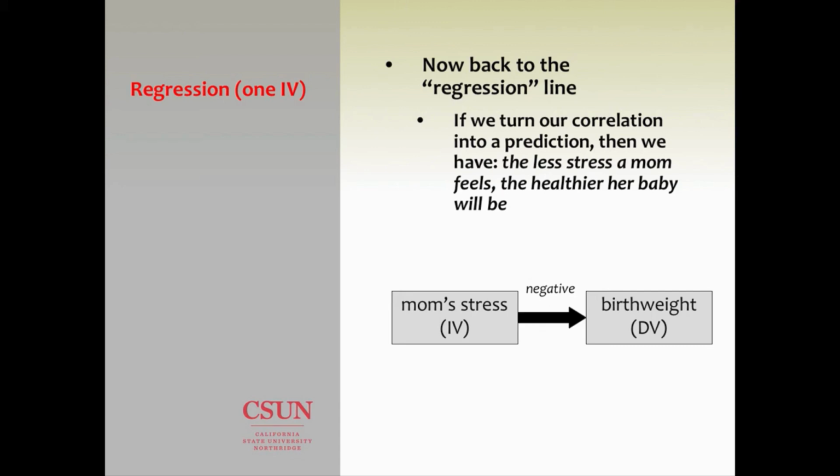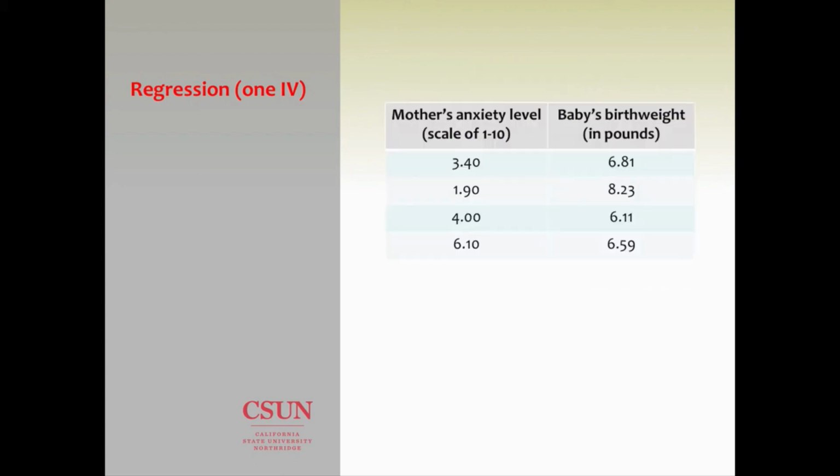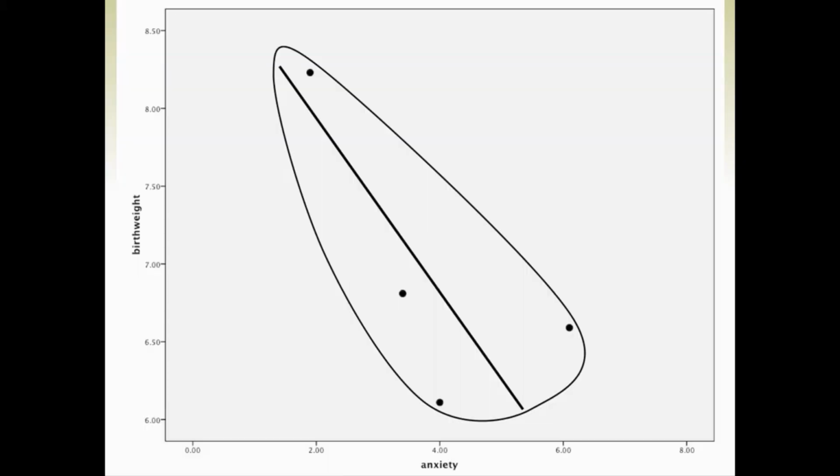The distinction in terms of the math becomes more different once we get to the more advanced regressions that we'll get to a little bit later in this class with two independent variables. For now, the math is going to look pretty similar. So, in fact, we've already done a lot of the work when we calculated our correlation. So here's the data. We're going to reuse this data for this example for families.